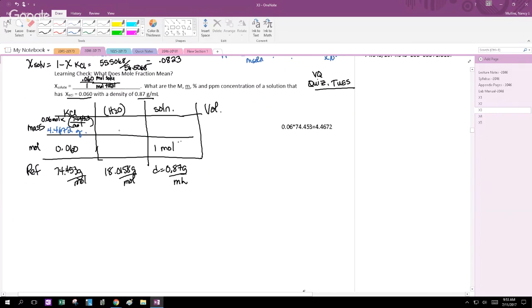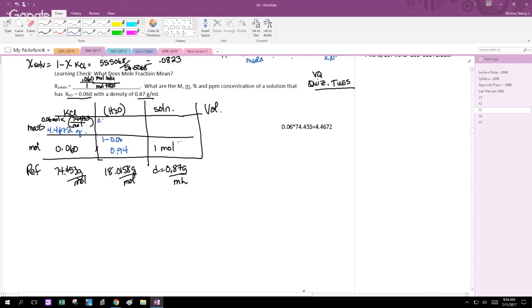Where else can I go? I can find the moles of water. How am I going to do it? 1 mole minus the 0.06 moles of my solute gives me 0.94 moles of the water. Now what? Mass of my solvent.